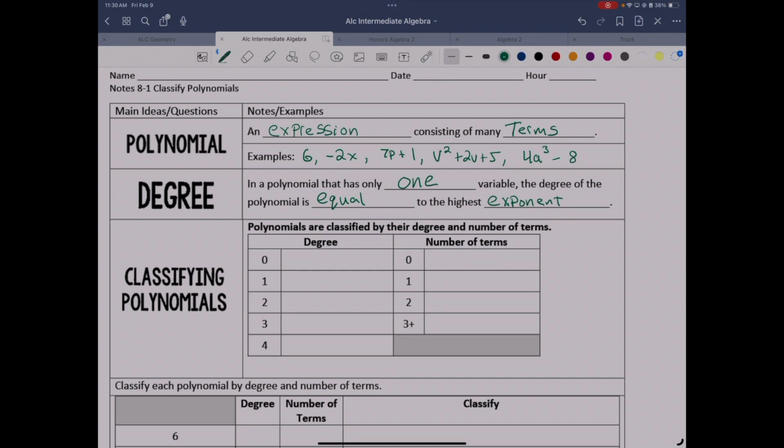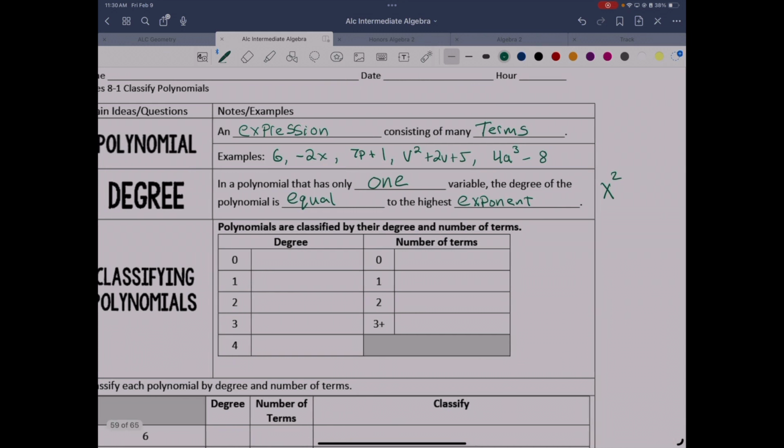So if I have a polynomial, let's say I have x squared. One variable means that it only has one letter. The degree of this polynomial with one letter is equal to the highest exponent.